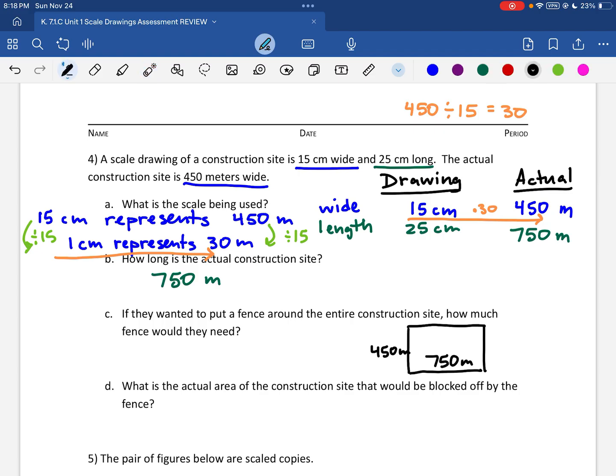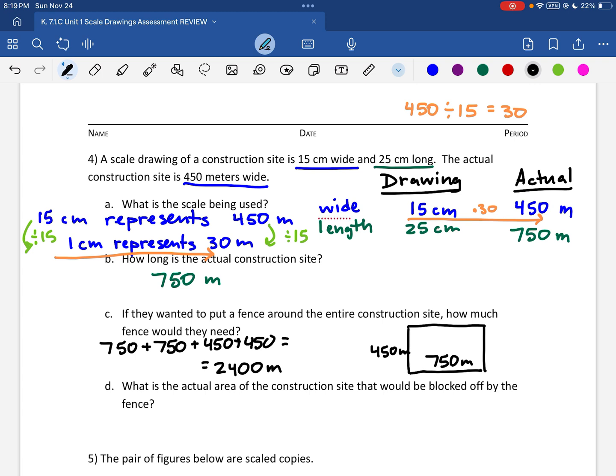So I simply need to add up all of those lengths. 750 plus 750 plus 450 plus 450. Again, use your calculator here. And we get 750 plus 750 plus 450 plus 450 is equal to 2,400 meters.